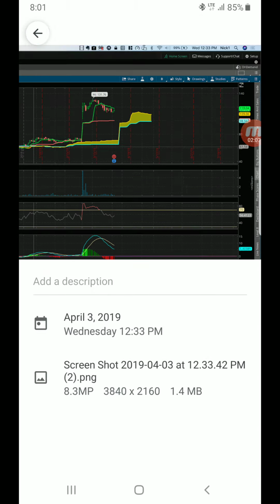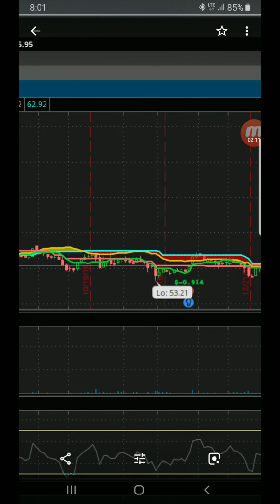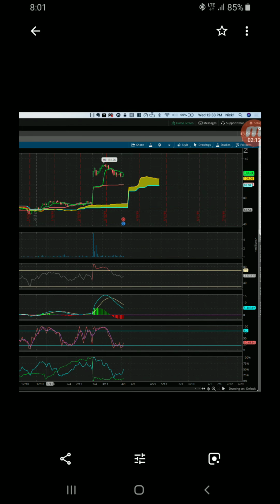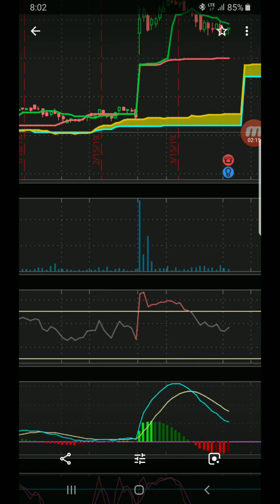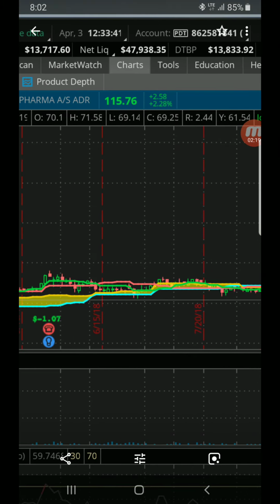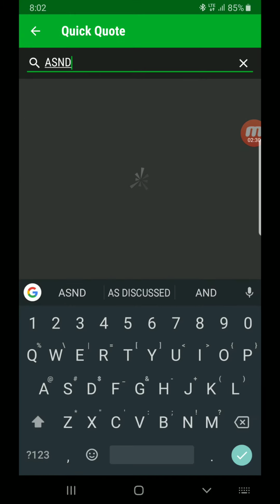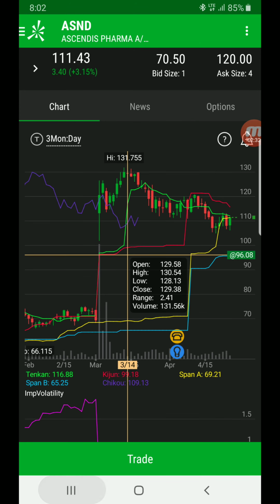But that is April 3rd, and we have not necessarily a closing price because this is before market closed. But for ASND on April 3rd, we have a price of 115.76. So let's look at ASND from April 3rd and see if it is above 115.76.